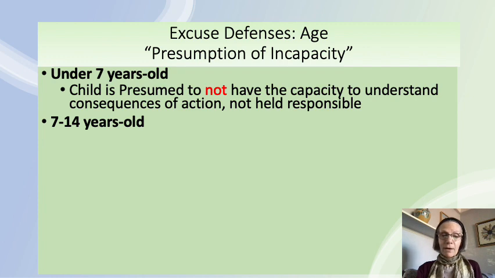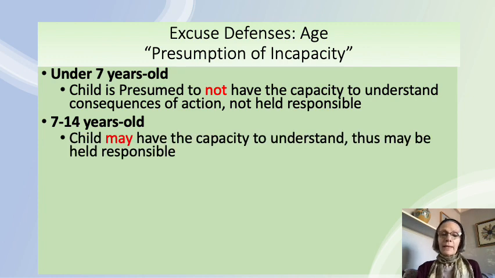Between the ages of 7 and 14, it's possible that they have the capacity to possess mens rea. So as it says there, between the ages of 7 and 14, a child may have the capacity to understand the consequences of their actions, and may be held criminally responsible.